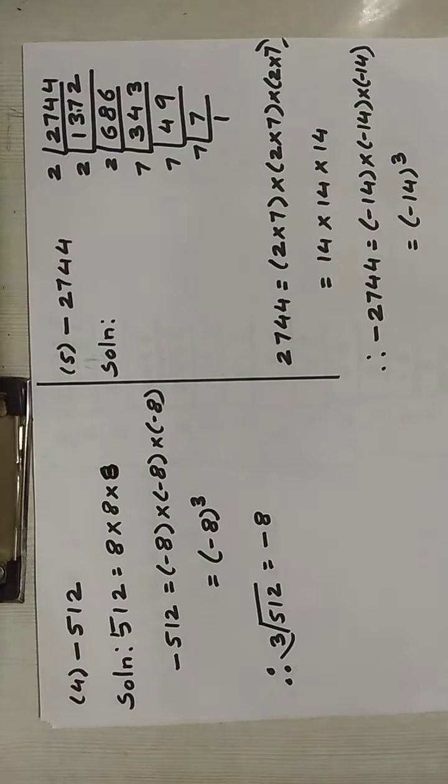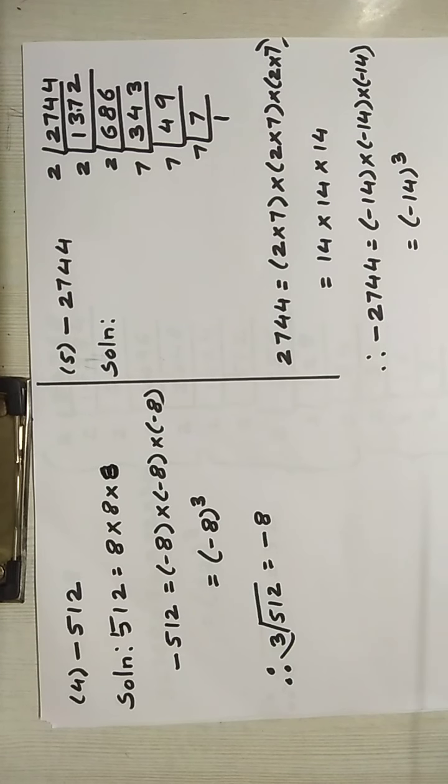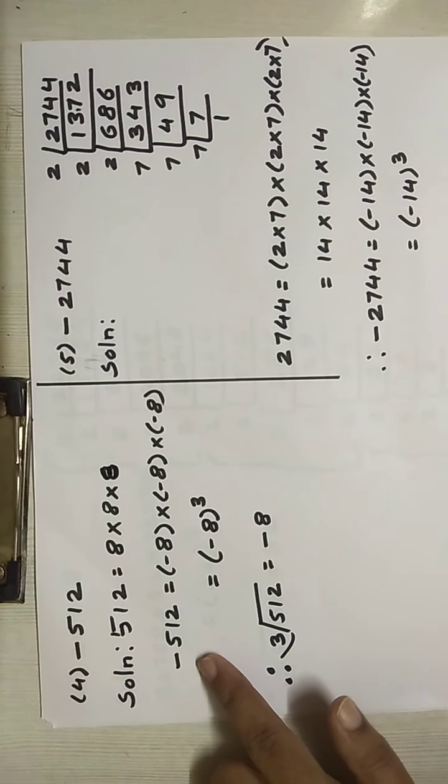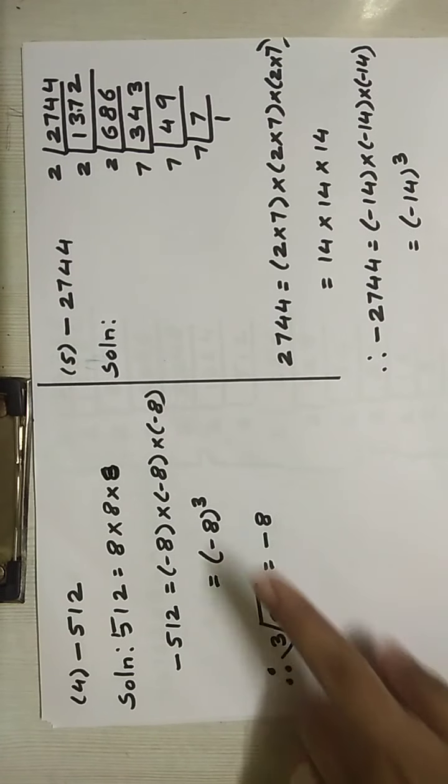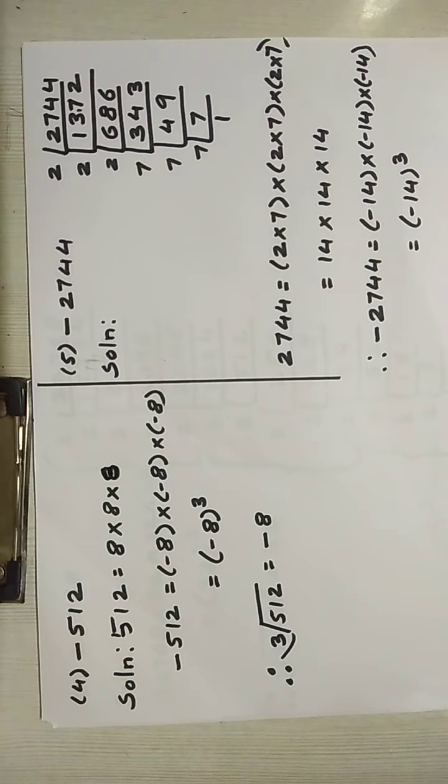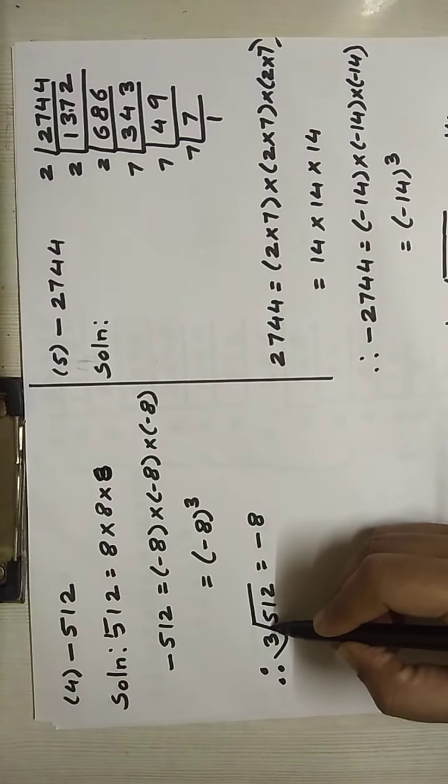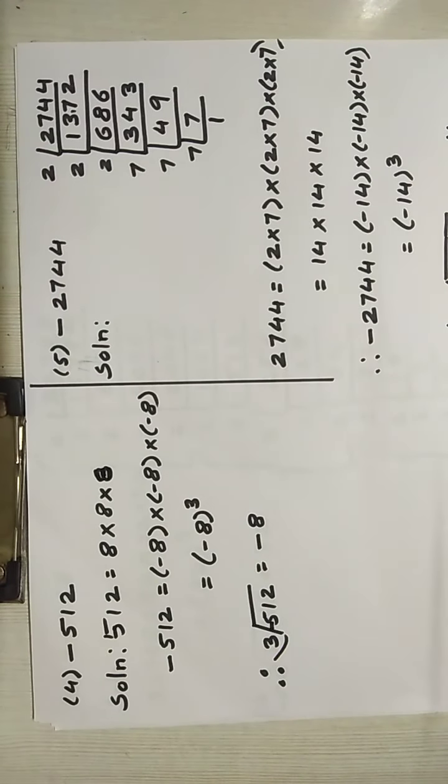Okay, I did the correction. 512 is 8 into 8 into 8. So negative 512 will be minus 8 into minus 8 into minus 8, that is minus 8 cube. So if minus 512 is minus 8 cube, that means the cube root of minus 512 will be minus 8.